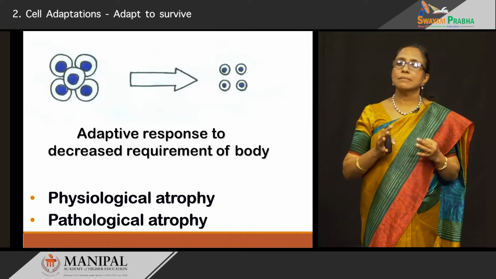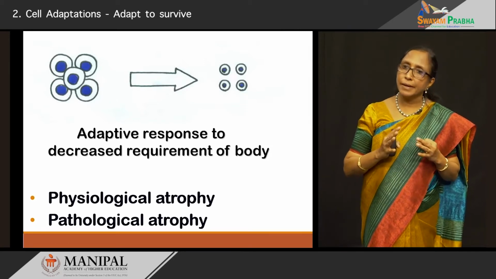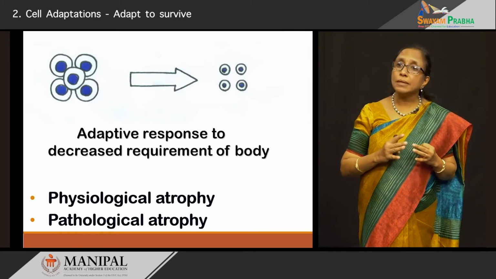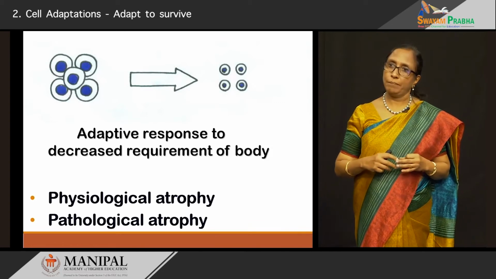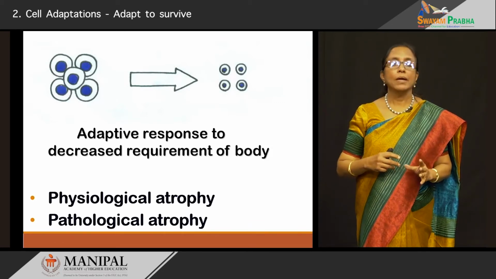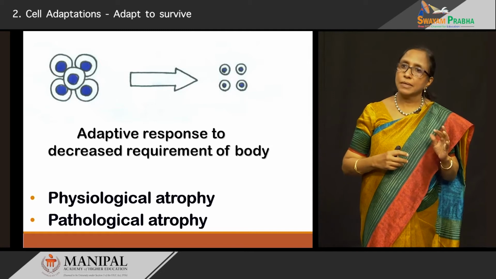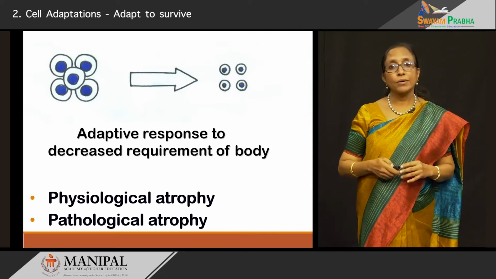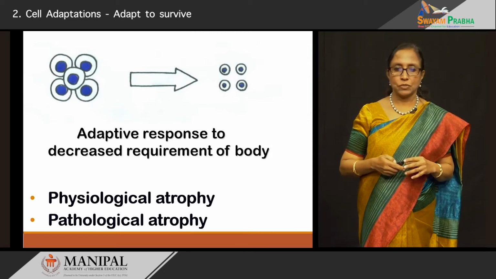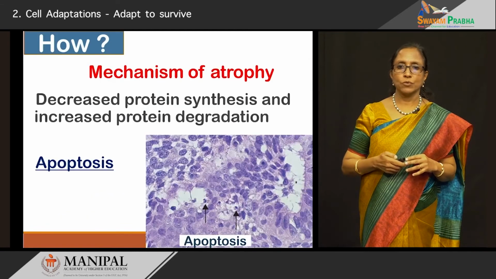And again it is an adaptive response, an adaptation to decreased requirements in the body. When we have atrophy, it can be seen either in physiological conditions or in pathological conditions. So we will look at some of those now.